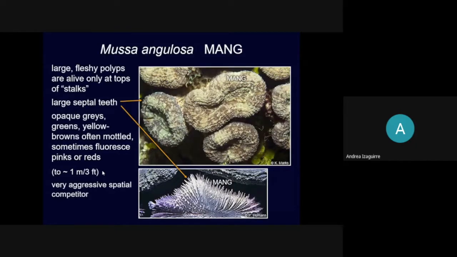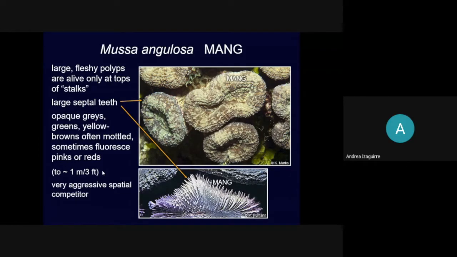We don't really get a picture of the full colony, but it'll just look like a bouquet of that mushroom coral that we saw before. And how you are going to be able to tell that it's one colony of this and not just a bunch of mushroom corals that ended up in the same place is because these ones will share a base and they will all have around the same color.